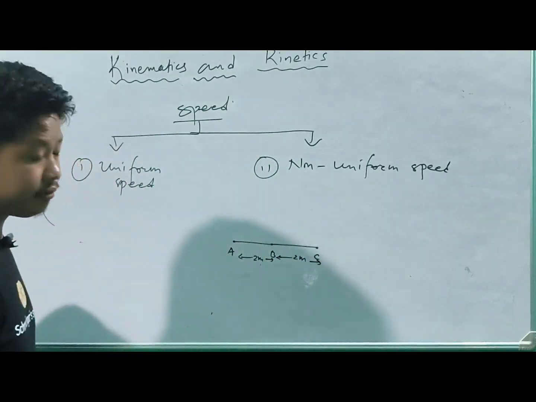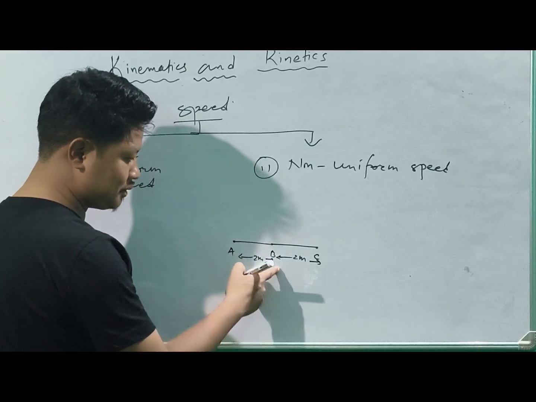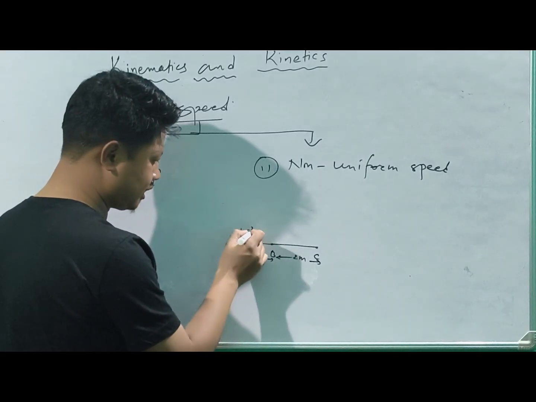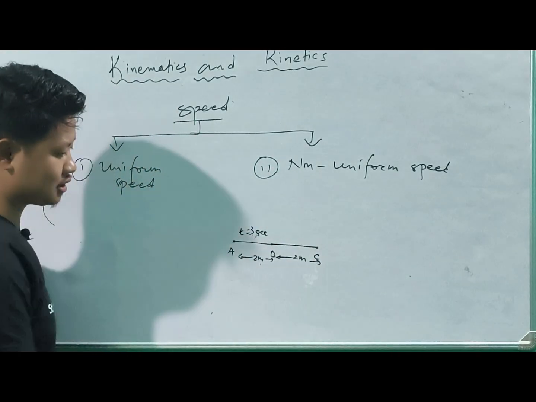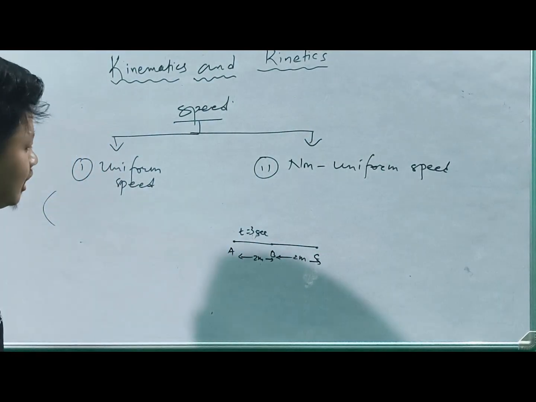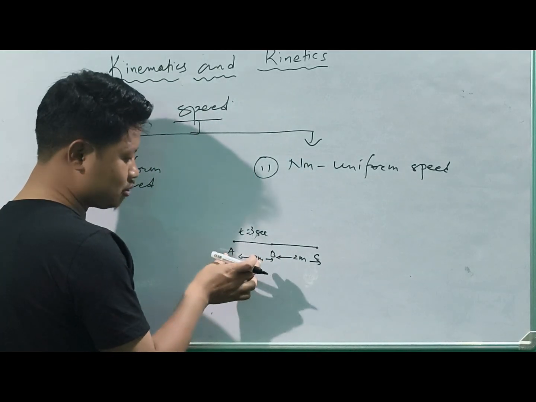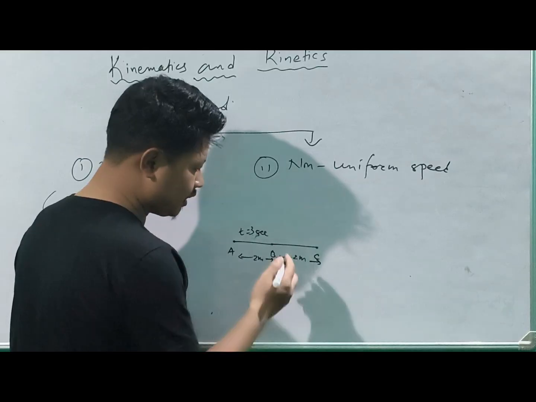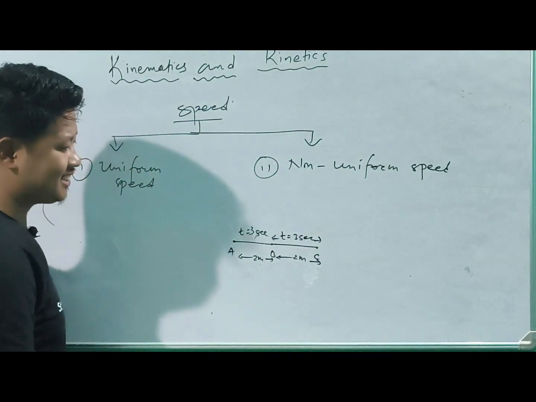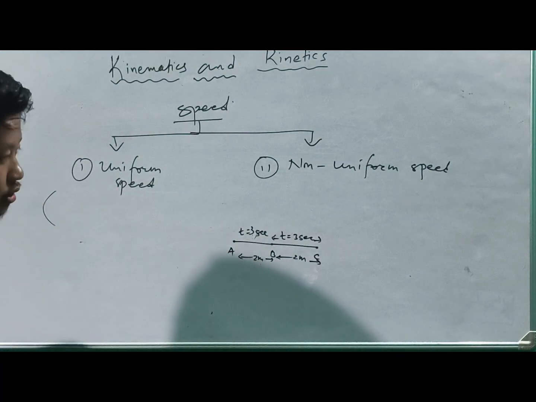Now if an object takes 3 seconds to reach from A to B, and in the next 3 seconds, if it covers the same distance, like 2 meter, then this type of motion is called uniform speed. I'm writing 3 seconds because some of you might get confused thinking that every time we have to write 2, but that is not the case.